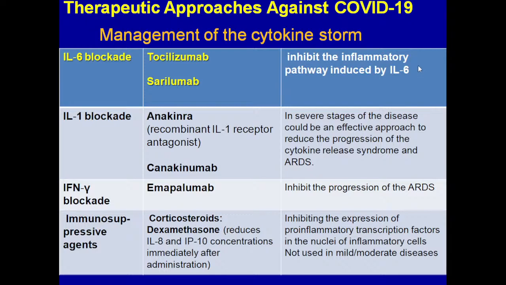These antibodies inhibit the inflammatory pathway induced by interleukin 6, and these are tocilizumab and sarilumab, and anakinra, a recombinant interleukin 1 receptor antagonist that blocks the interleukin 1 receptor in the body. In severe stages of the disease, they could be an efficient approach to reduce the progression of the cytokine release syndrome and acute respiratory distress syndrome.